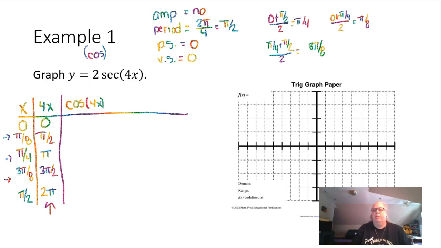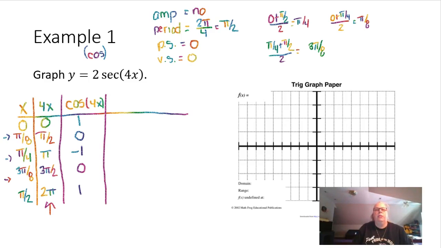So I'm actually going to draw my cosine curve and then put my secant curve in there with it. All right, so the cosine of 0 is 1. The cosine at pi over 2 is 0. The cosine at pi is -1. The cosine at 3 pi over 2 is 0, and the cosine at 2 pi is 1.